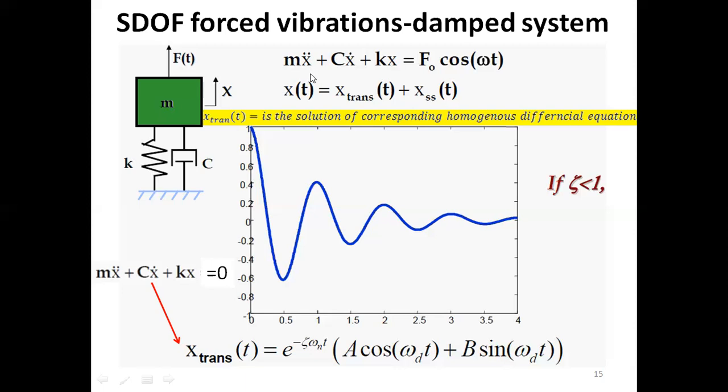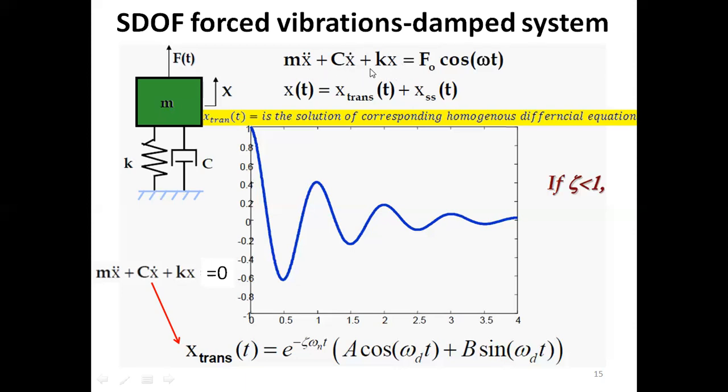Linear in the sense, as we discussed a number of times, that x is the displacement, this is the velocity, and this is the acceleration. If you look at the power of each, the power is 1. So we have a linear differential equation.